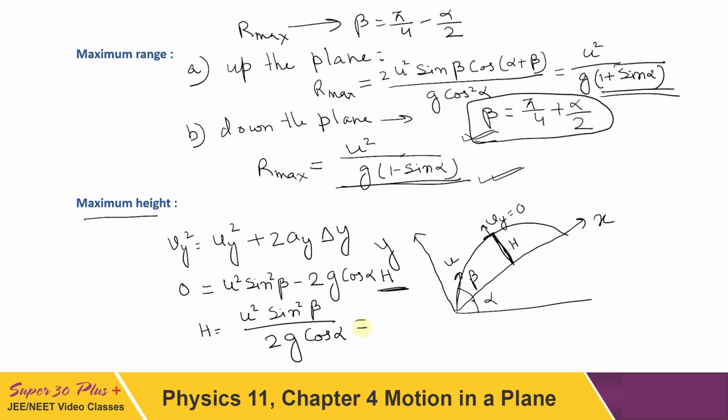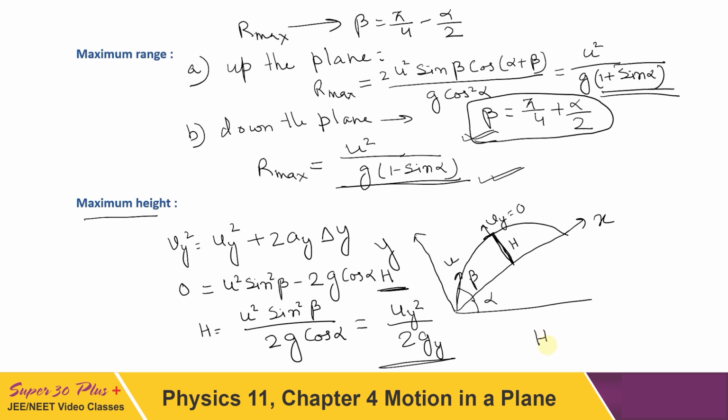Again we can compare this result with the maximum height we used to get in projectile motion, which is projected along a horizontal line. So in that one it was uy² upon 2gy. The same result we got here as well. And do remember, if it is asking for maximum vertical height, then this should all be written only in the vertical direction. That is the only difference.